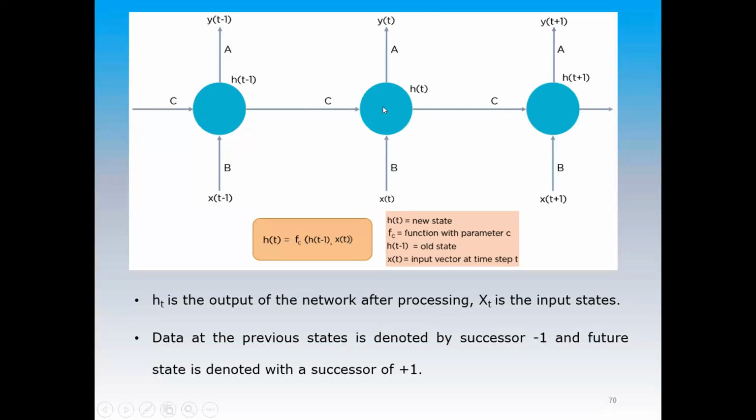That value is also taken into the computation to produce the output. That is given as f of h of t minus 1 comma x of t: the weight of the current input x of t, plus the weight of the previous state's output h of t minus 1, plus the bias.